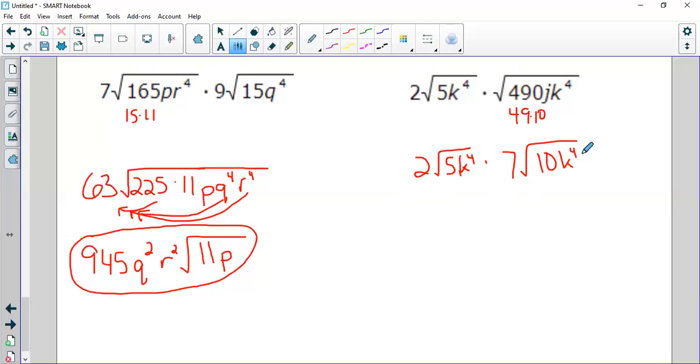All right, now I'll put them together. Multiply the coefficients. 2 times 7 is 14. Inside the radical, 5 times 10 is 50. And k to the fourth times k to the fourth, that's k to the 8th power. Now let's break this down. 50 breaks down into 25 times 2.